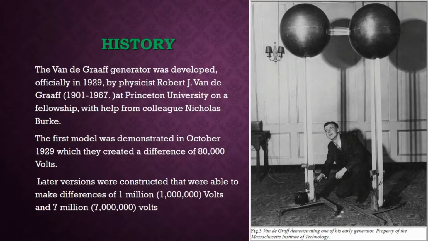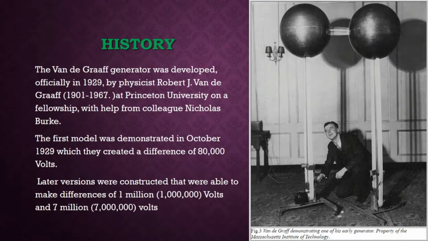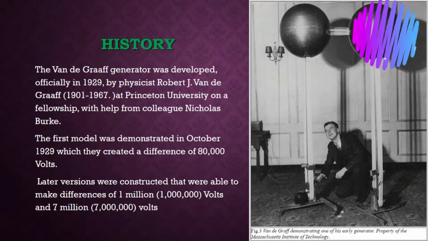Actually, after hearing about Ernest Rutherford's work in nuclear physics, Van de Graaff began to find a way to accelerate particles to very high speed in order to disintegrate atomic nuclei.